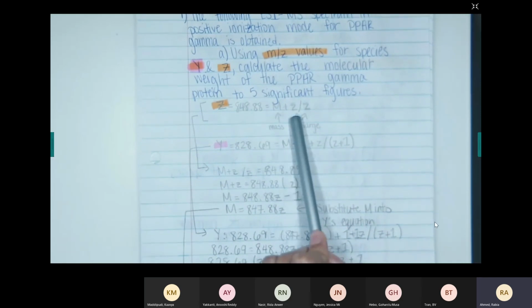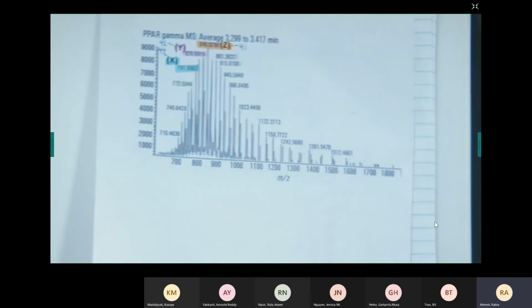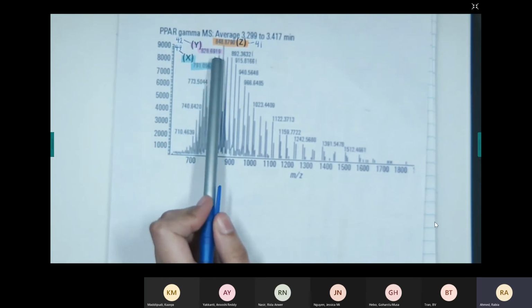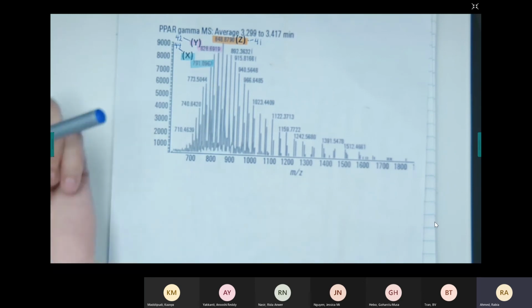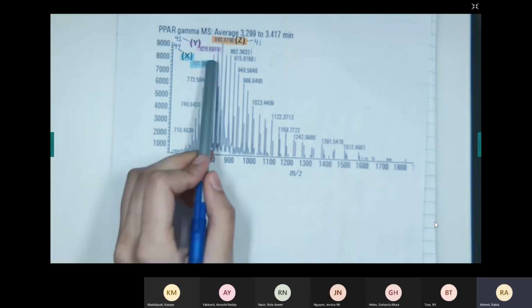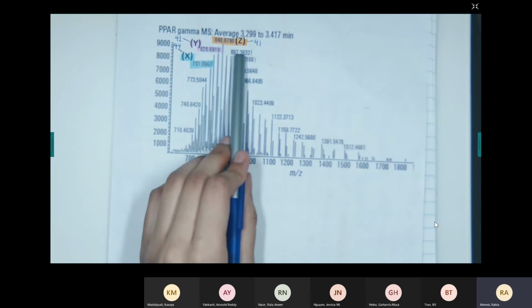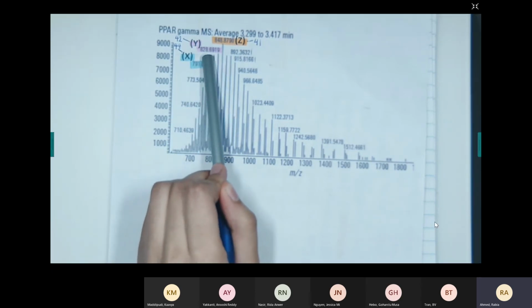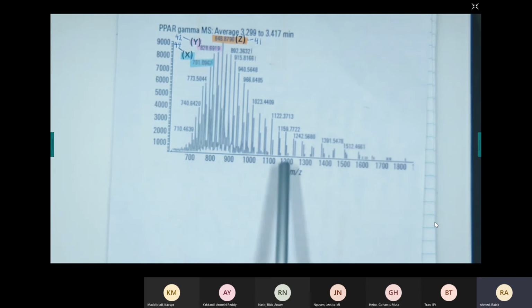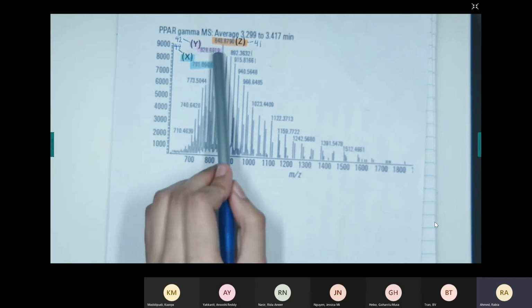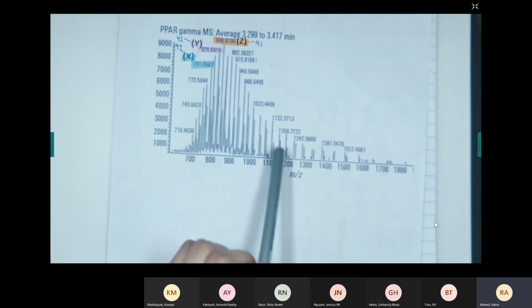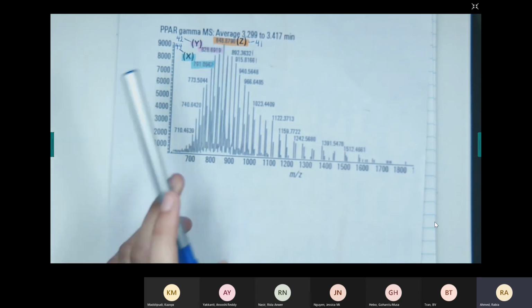The reason we're doing plus 1 here and not here is because when you look at this, you see that Y has a greater charge than Z. That's because it's one peak away from Z. How you know that Y has a greater charge than Z is, as I said before, the M over Z is lower here. If this has a charge of 1 plus 1, then it's going to be a lower value, while this just has 0 ideally, and then over 0 is just going to be a greater value.